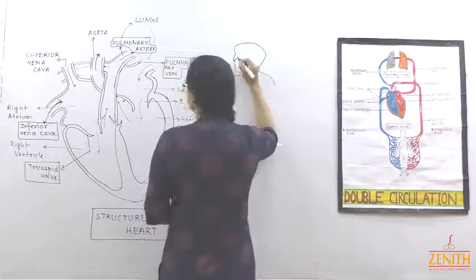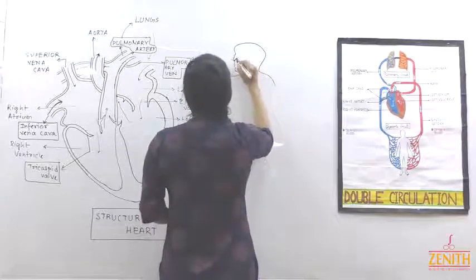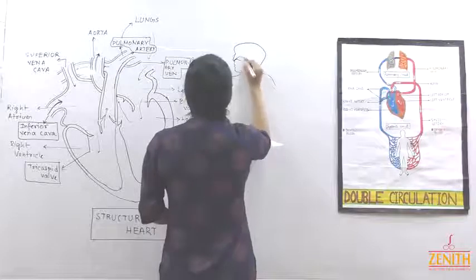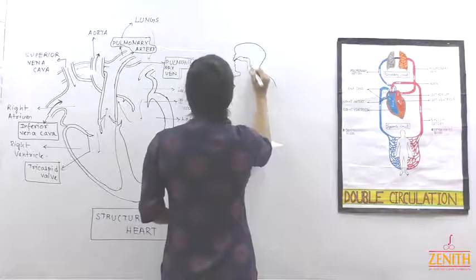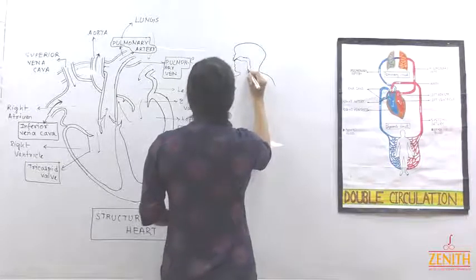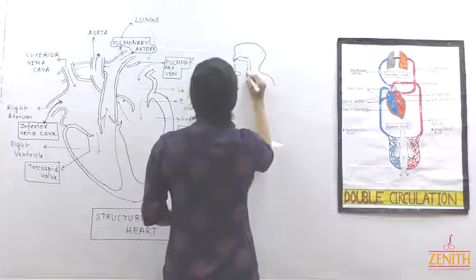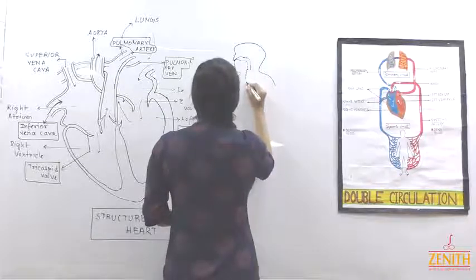Suppose this is the respiratory tract or the respiratory passage. This is our respiratory system. There is the pharynx, there is the larynx, then it will start with the trachea.